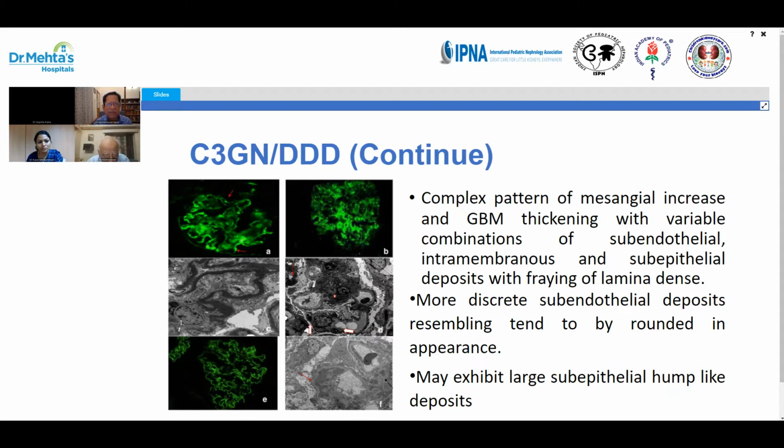And in F, there is subendothelial and mesangial deposition. If you look at these two arrows, the red arrow is the subendothelial deposit, and the black arrow, at about the 4 o'clock position, shows mesangial deposition of the immune complex.